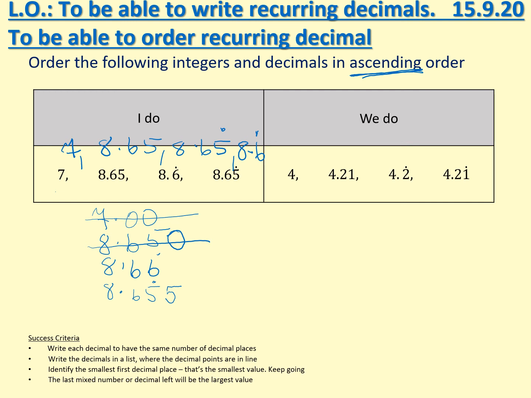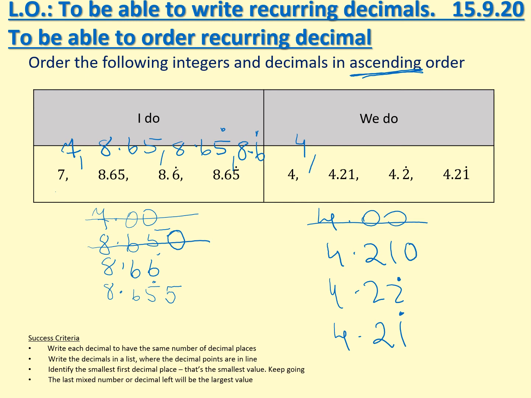So what you should have is 4. Again, 4 is the smallest, then it's going to be one of those, so we might write another decimal place for both of them to make it easier to compare, so we can see that this is 0, this is 1, so this one is larger, this one is smaller, that's why this one is next.